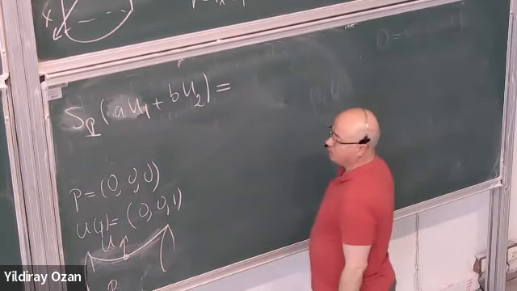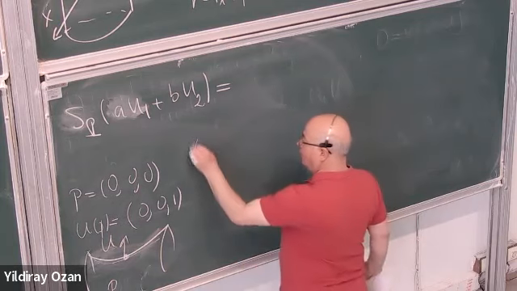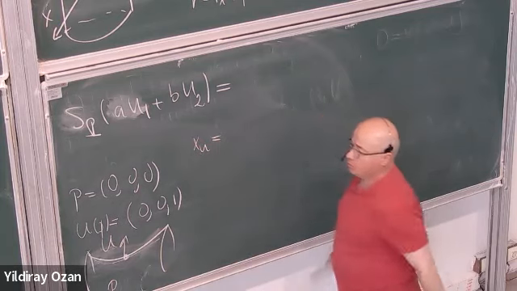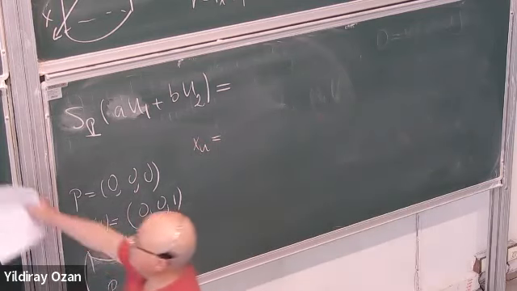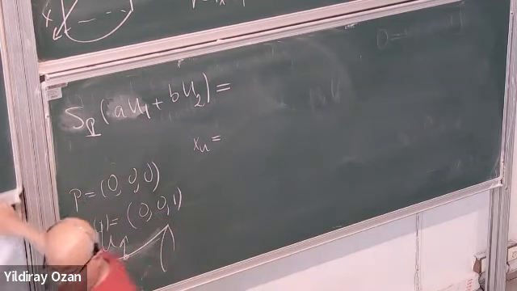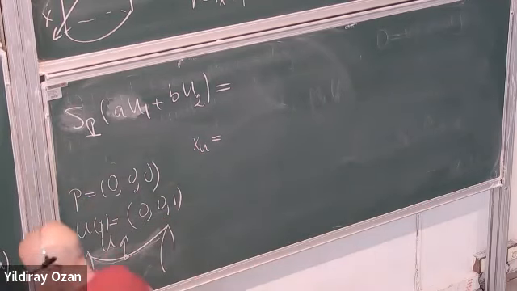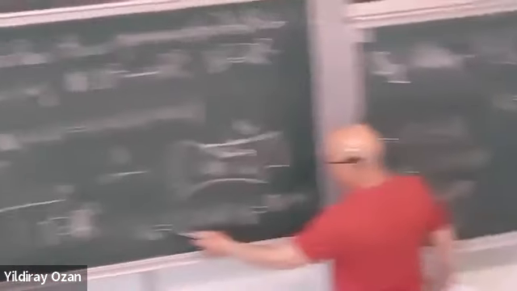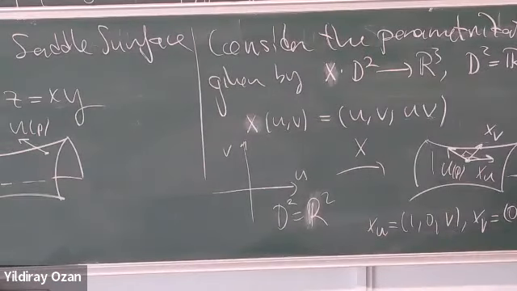And what are the tangent vectors? Then x sub U was 1, 0, V. U and V are both zero here.